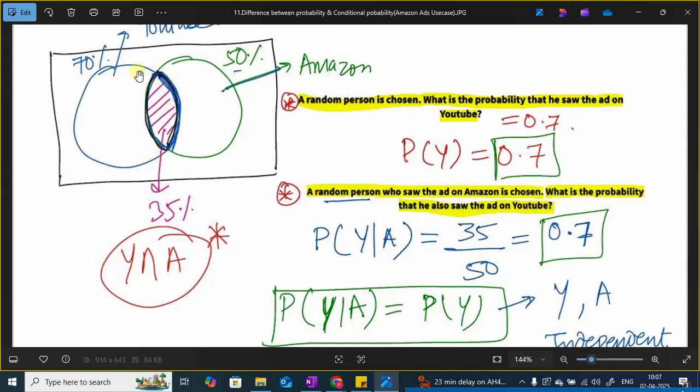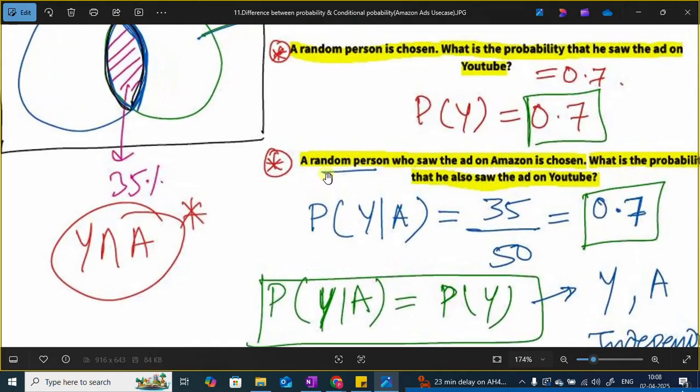Now how much percentage can I say? It's 70 percent. 70 percent is nothing but 70 divided by 100, which is 0.7. So the probability, if I pick a person randomly, that he saw the ad on YouTube is 0.7. Fantastic.